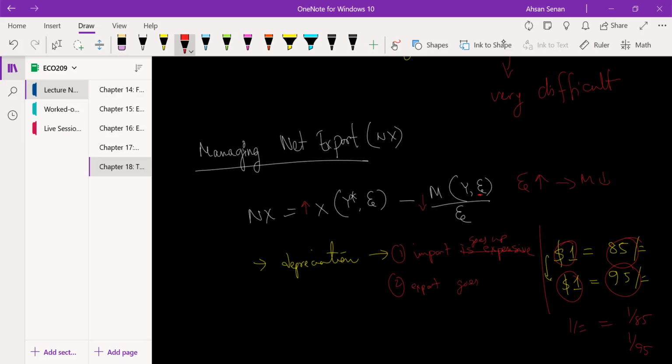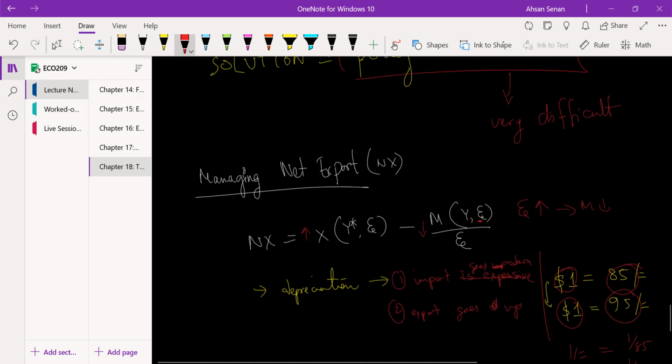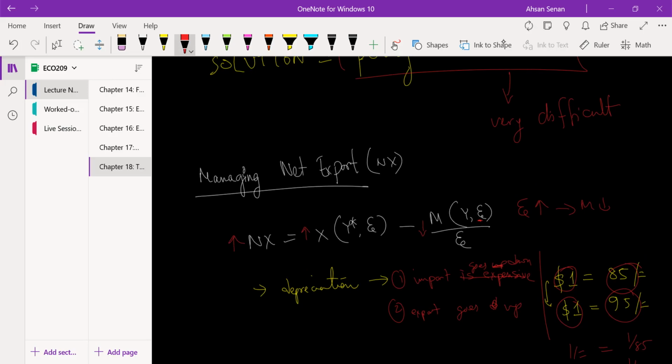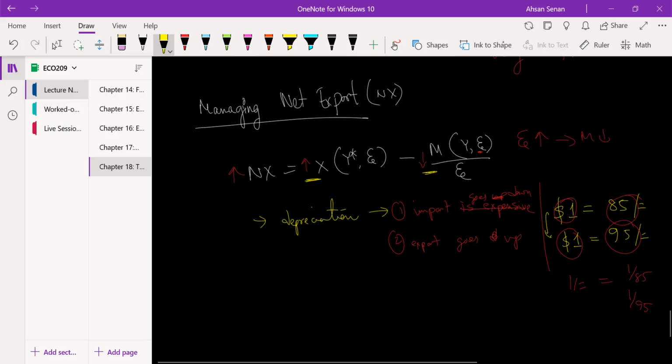Import goes down, and export goes up. So see, that's what we wanted, right? We wanted net export to go up. We had two policies: we could have increased export, or decreased import, or both. And it looks like a depreciation is going to give us both.